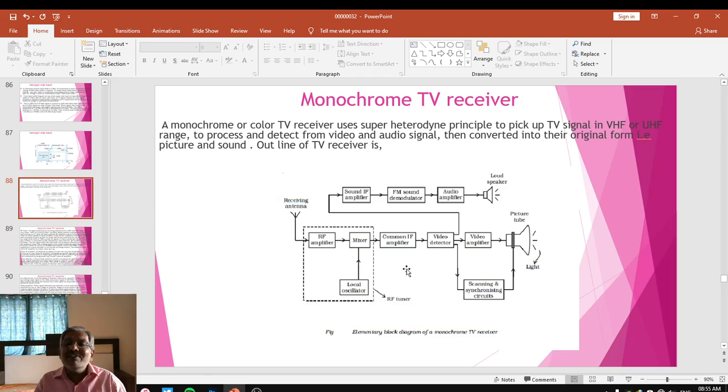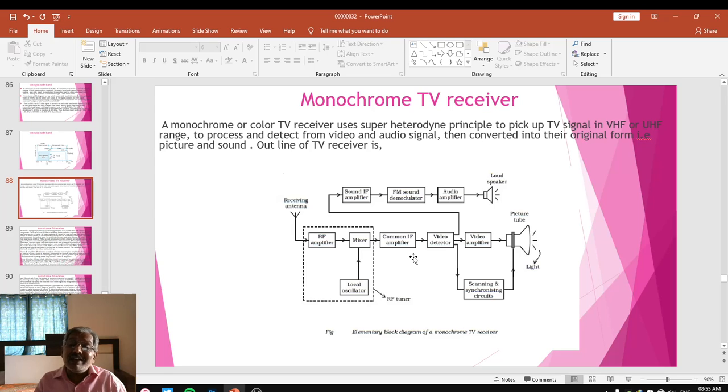That frequency is amplified here, which is common for audio as well as video signal. But friends, in this case, the video signal is amplified 5 to 10% more than the audio signal, because audio and video are required to be separated in the next block.